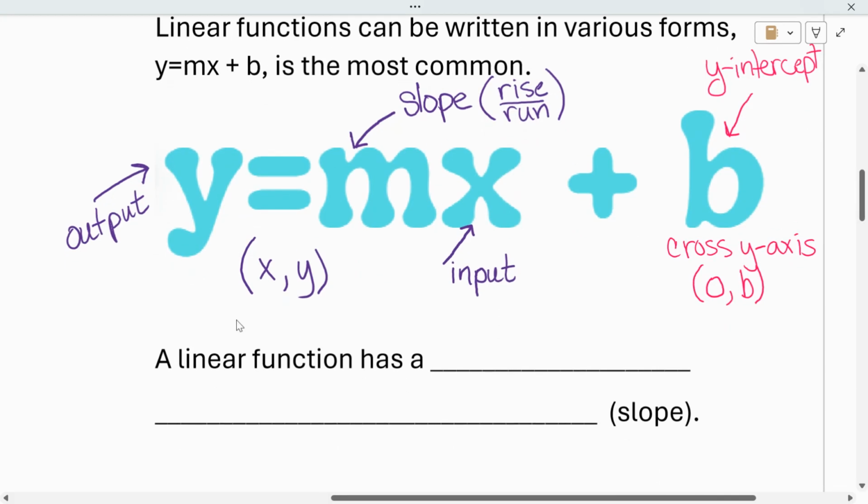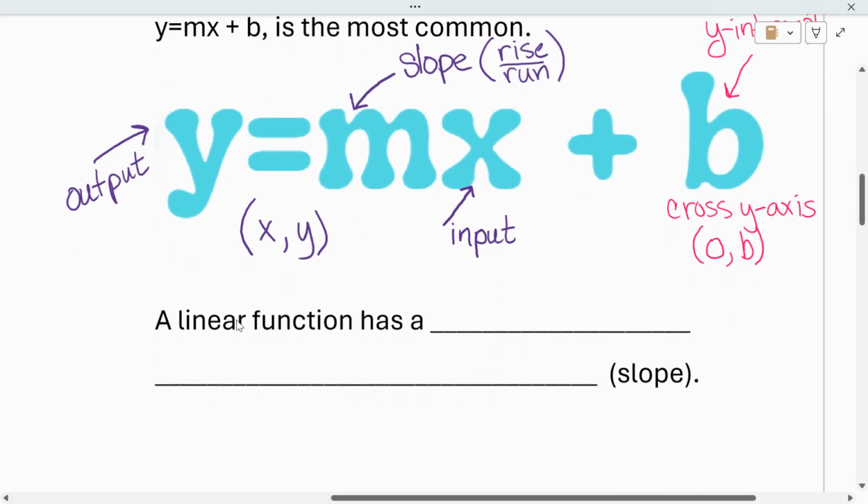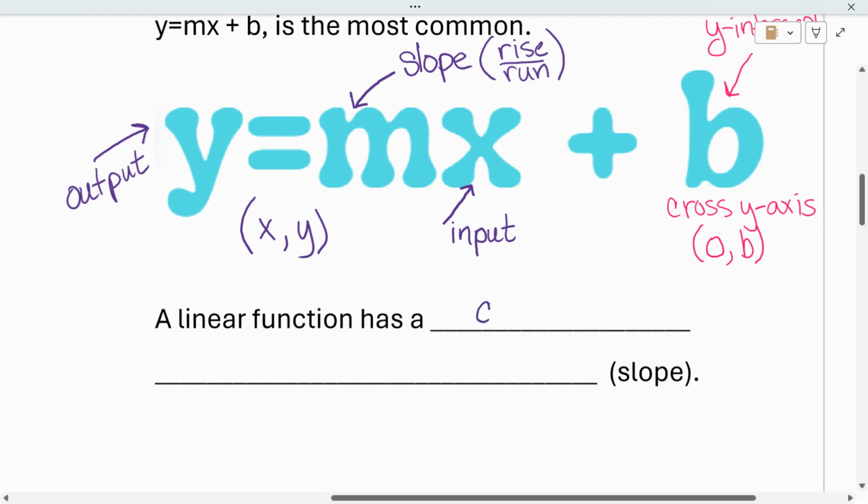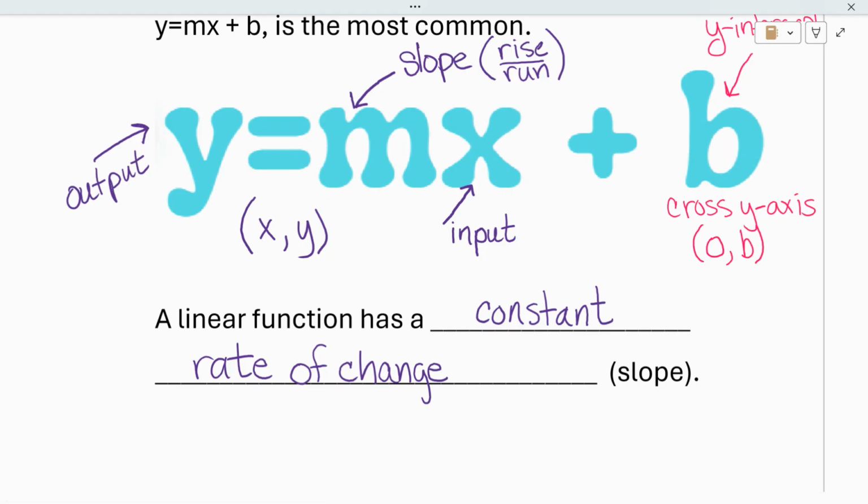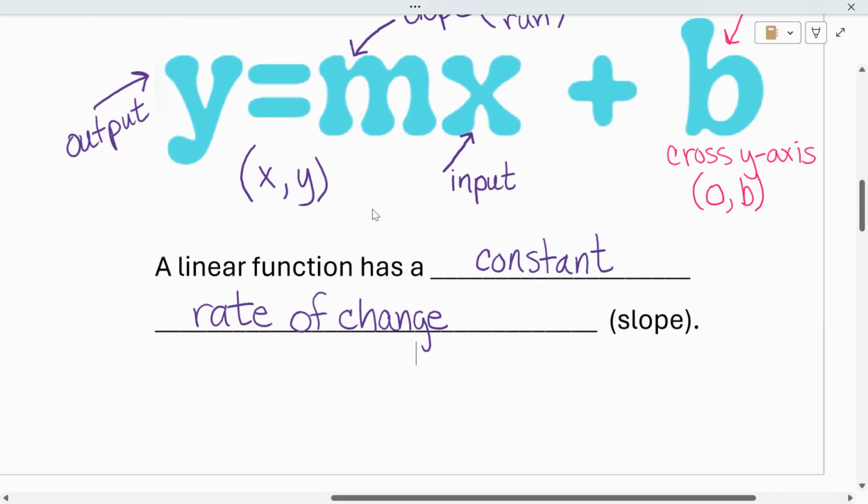So this is something that's very important. A linear function has a constant rate of change. What does that mean? Well, that just means no matter what two coordinates you try to count the slope between, it will always be the same. So I'm going to write that.